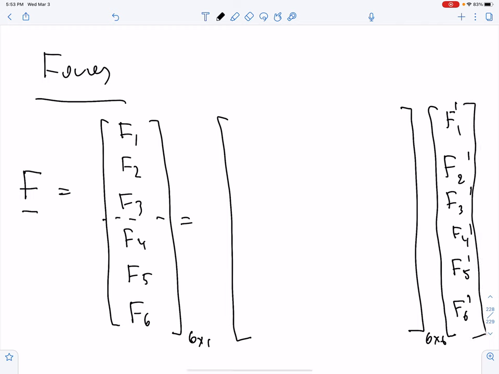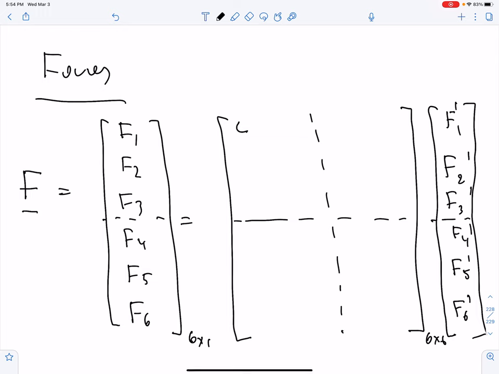As before, I separate the quantities at nodes I and J, which gives me a partitioning of my matrix as follows. And then our reasoning proceeds as follows. First, we relate the force quantities at each one of the nodes, so F1 and F2 to F prime 1, F prime 2. These are related in the same way as the truss forces are related.